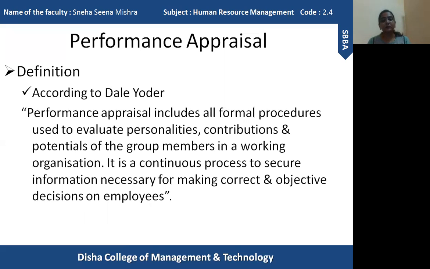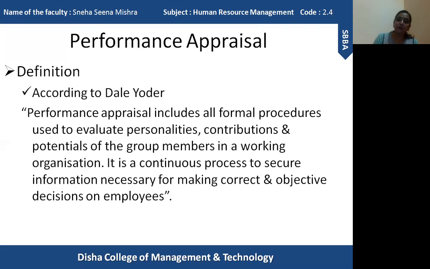According to Dale Yoder, performance appraisal includes all formal procedures used to evaluate personalities, contributions, and potentials of the group members in a working organization. It is a continuous process to secure information necessary for making correct and objective decisions on employees. So here Dale Yoder has given some extra points in his definition.